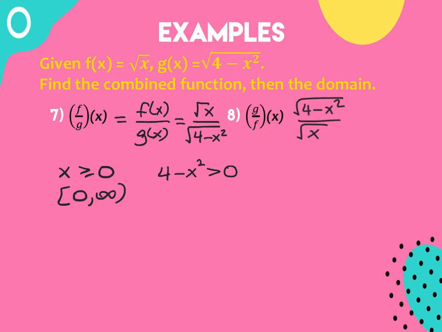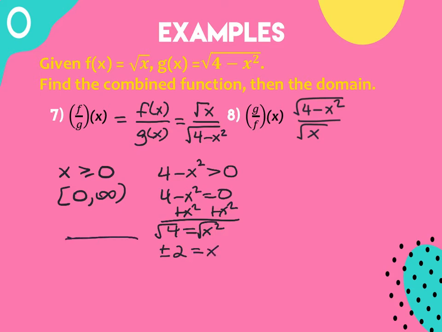Remember, the first step was to set it equal to 0, because this is the x check thing. So we're going to solve this, and I get 4 equals x squared, square root it, plus and minus 2. So this now gives me how I break apart my number line.